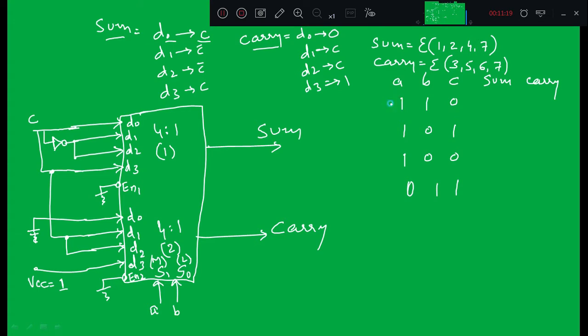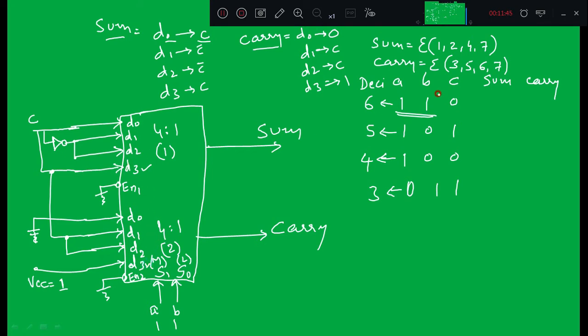So what is this combination? Let me write the decimal notations. This is 6, this is 5, and this is 4, and this is 3. Okay, so now what is the select line for this combination? It is 1, 1, right? So when select lines are 1, 1, then D3 is selected in the first mux and D3 is selected in the second mux, right?